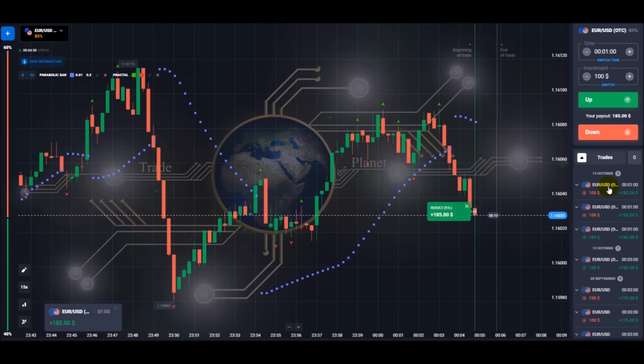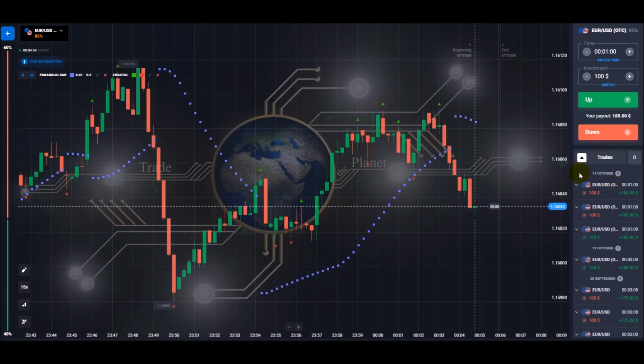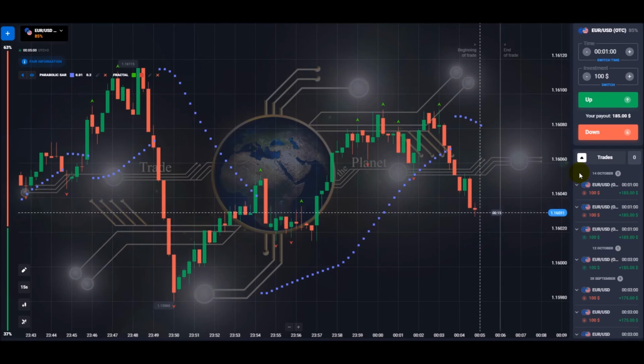This trade is also in profit. 3 out of 3 trades are now won. I would like to place a 4th trade, so we have to be patient a little bit more. I'm going to let the video speed up again, now until we get a signal again.